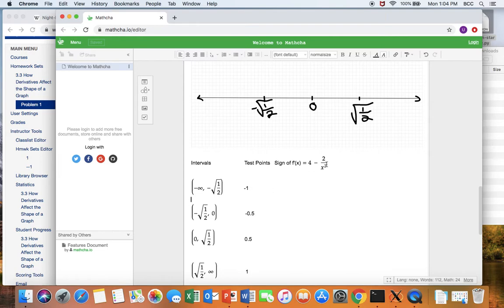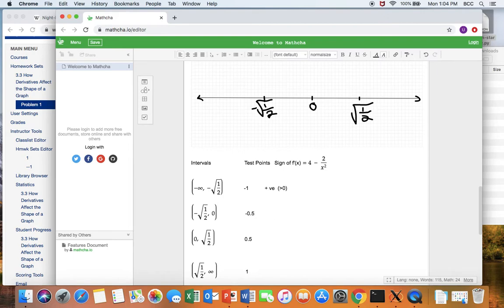Plug in -1 here. -1 becomes squared. 4 minus 2 over 1. 4 minus 2, I don't care what it is, it is positive. Another way of saying this, greater than 0.